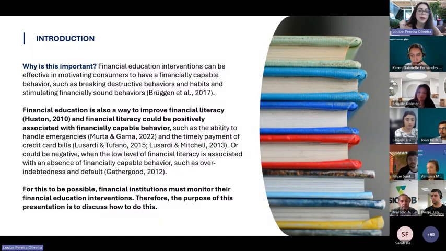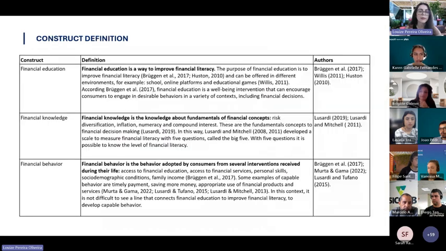So a client that pays on time is important for us. We want this client in our business. So financial education could be a way to manage our credit portfolio, for example. And we have research about this, and we have papers about this. So the purpose of this presentation is to discuss this and propose a framework to do this in our cooperatives and in our financial institutions.